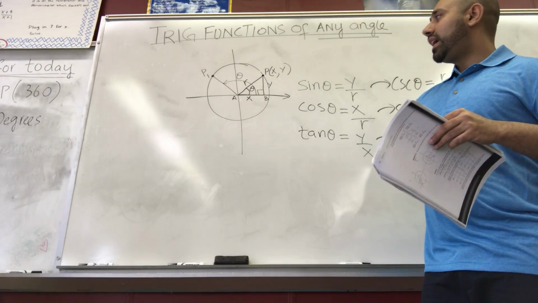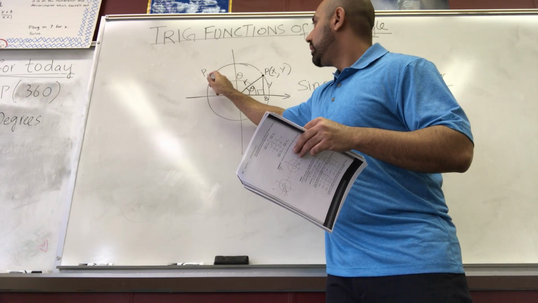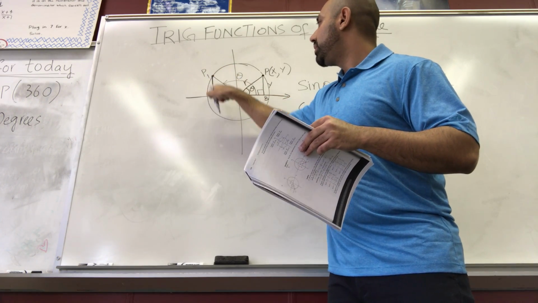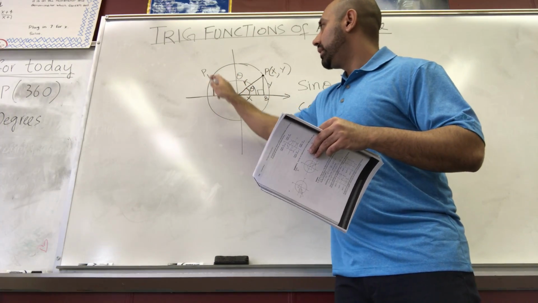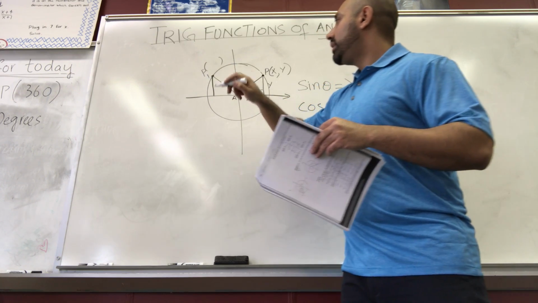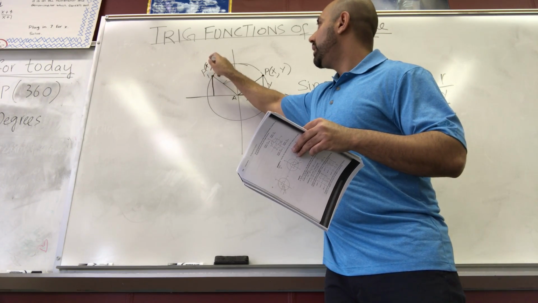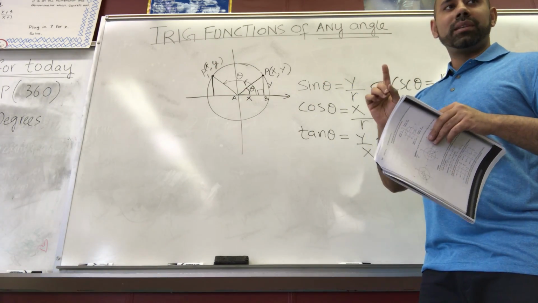In that case, the reference triangle would be, if you draw a perpendicular from P1 to this horizontal axis right here, this would be my reference triangle. If this is my reference triangle, my point is still going to be x and y, right? But you have to be careful with one thing.